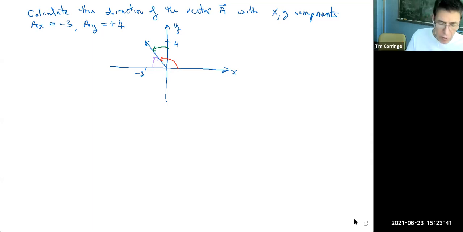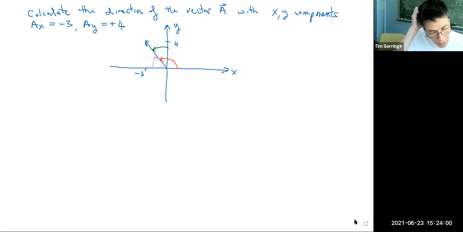If I was to answer the question of what is the direction of the vector, I could quote any one of those angles, but I'd have to be clear about which angle I'm quoting.